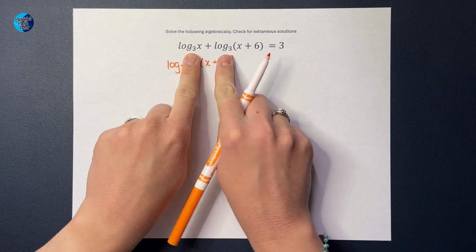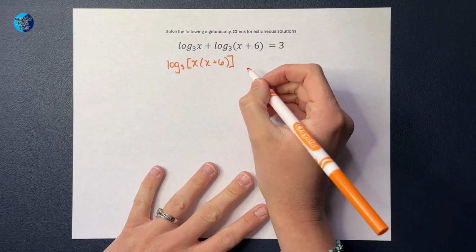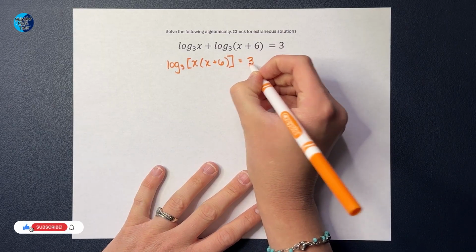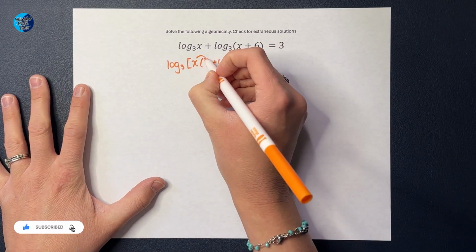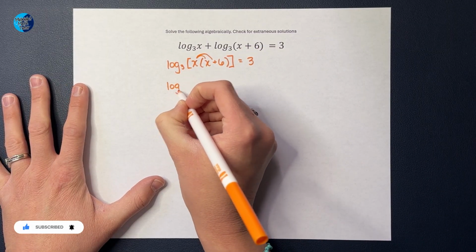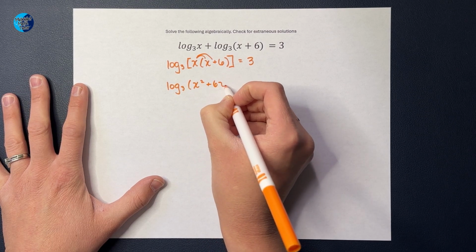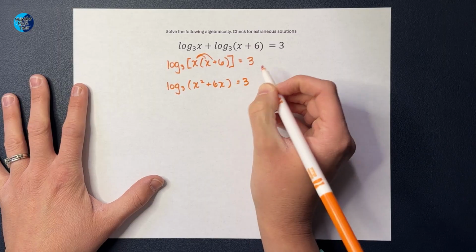If I didn't have the bracket, it might make us think that the log was only with the x. So that's why we do that. This is equal to 3. Now, when I go ahead and distribute that x in, I will get log base 3 of x squared plus 6x, and this is equal to 3.